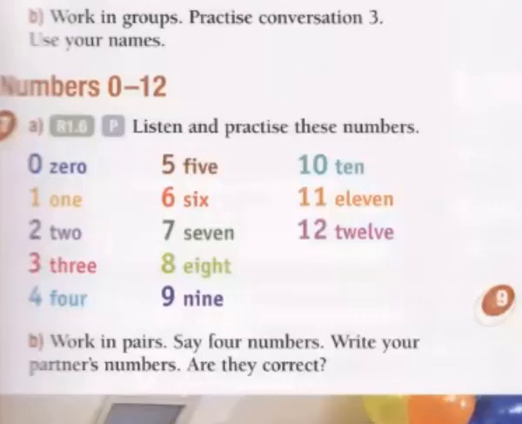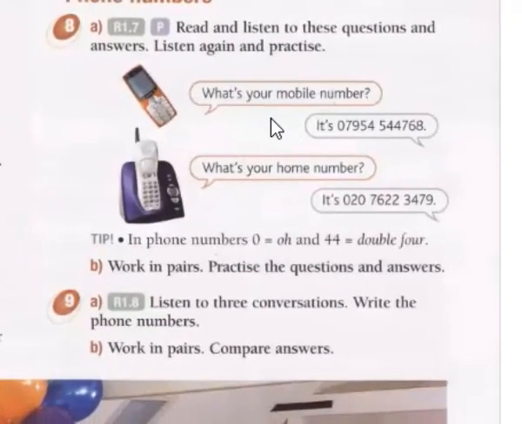Okay, now let's move on to how can I know the phone number of a person? So I want the question now. It's very easy. I can use what's your, or to be faster, what's your mobile number.